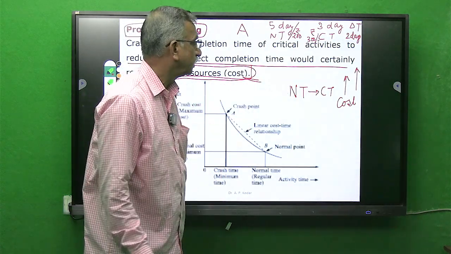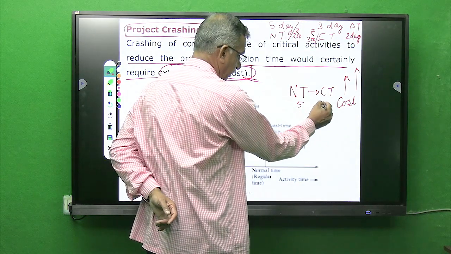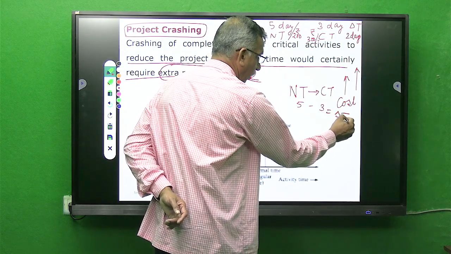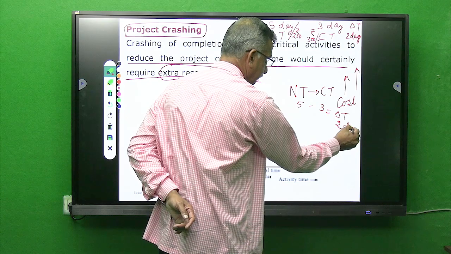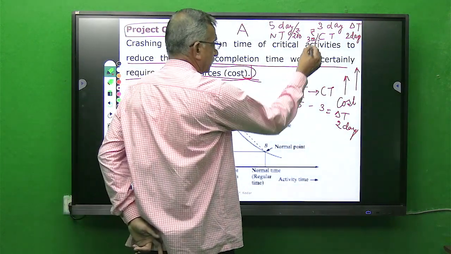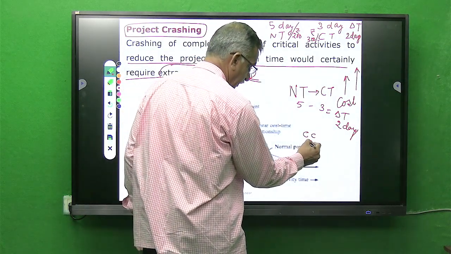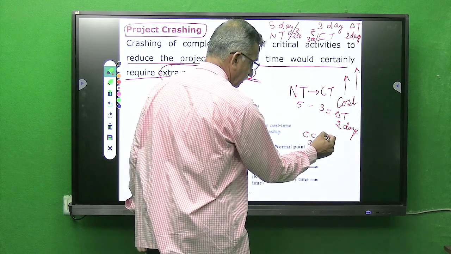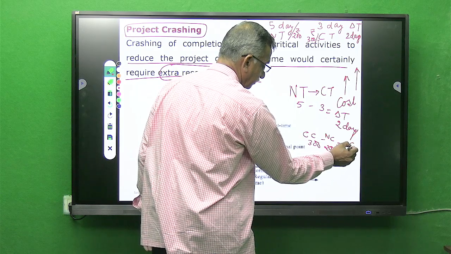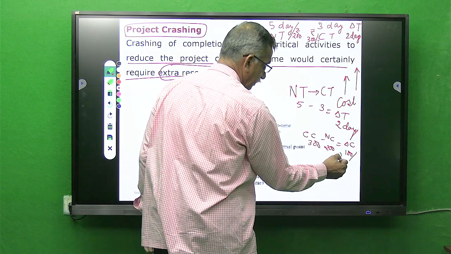Students, here normal time was 5 days, crash time was 3 days, and 5 minus 3 was your delta t, which was 2 days. But if you see, crash cost was 300 minus normal cost 200, so delta c comes to be rupees 100.